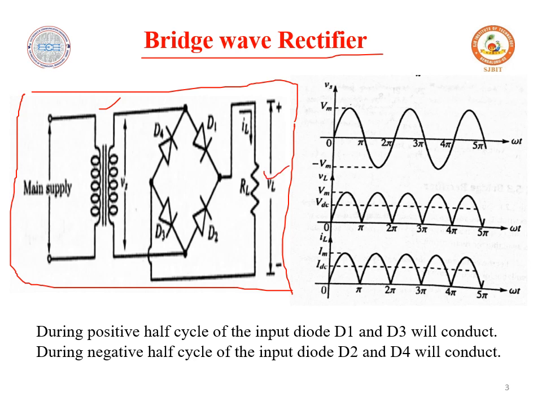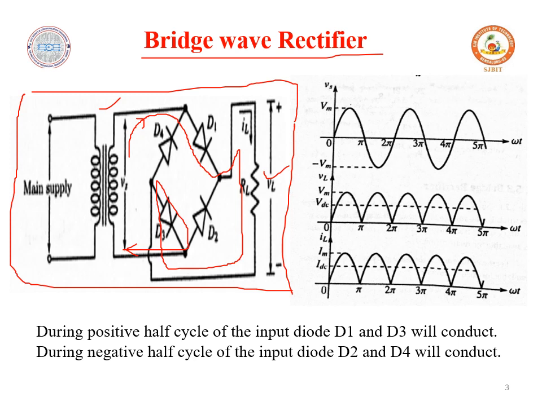Here we can consider that in the positive half cycle, diodes D1 and D3 will conduct, so that the current will flow like this from positive to negative side. During the positive half cycle, diodes D1 and D3 will conduct.